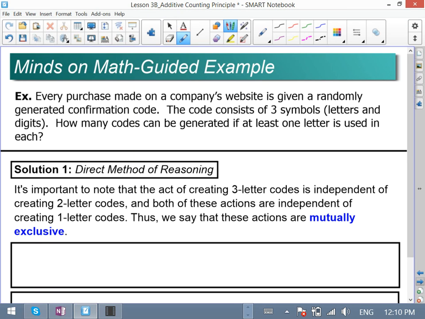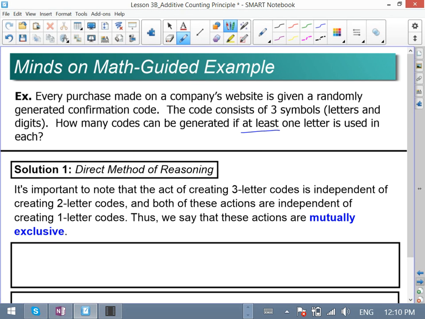Recall what happened last time we worked on a problem that had the words "at least" in it. That's going to be important to us. If we keep reading on, it's important that we note that when we produce a 3-letter code, that action is independent of what happens when we're making a 2-letter code.